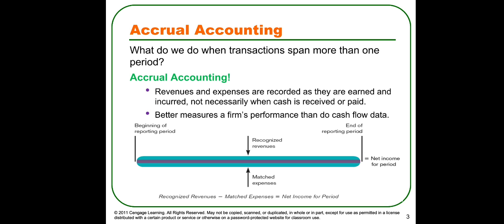So there is no problem, because when you provide the service, the customer pays cash. If you use accrual basis accounting, you record at the same time, because you record the revenue when it happens. And if you use cash basis accounting, you also record at the same time, because cash basis accounting records revenue when the business receives cash.